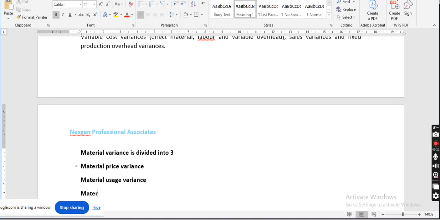Lastly is material cost variance. When you add your material price and your material usage variance together, it will give you material cost variance.